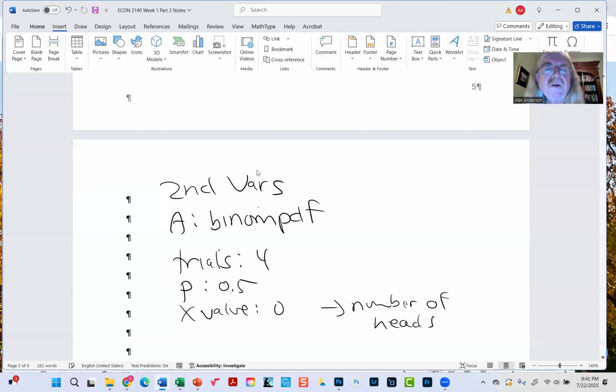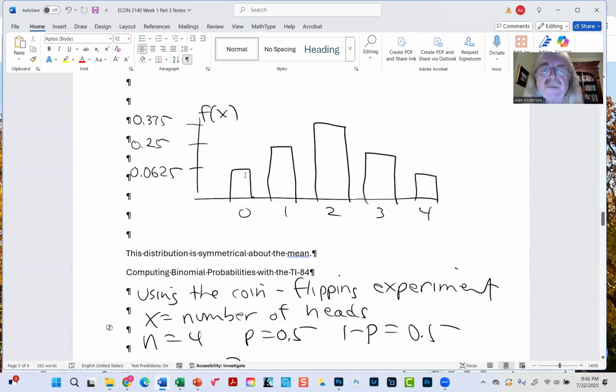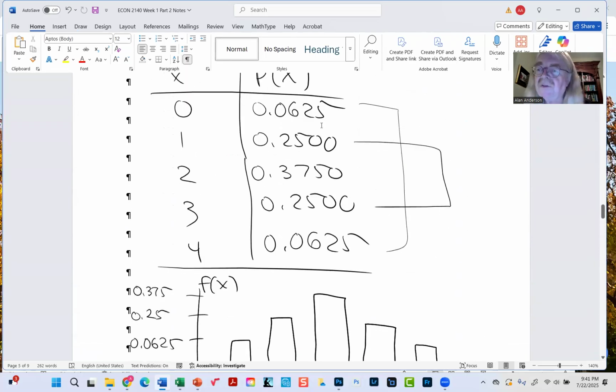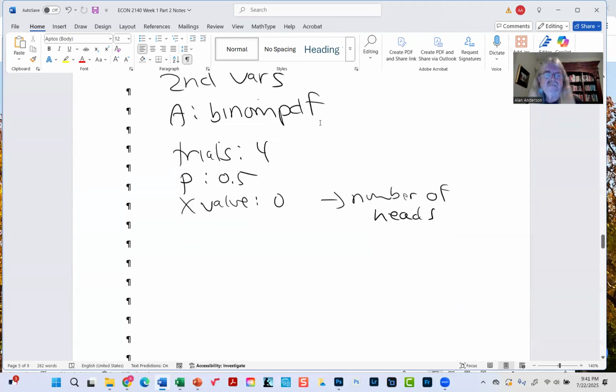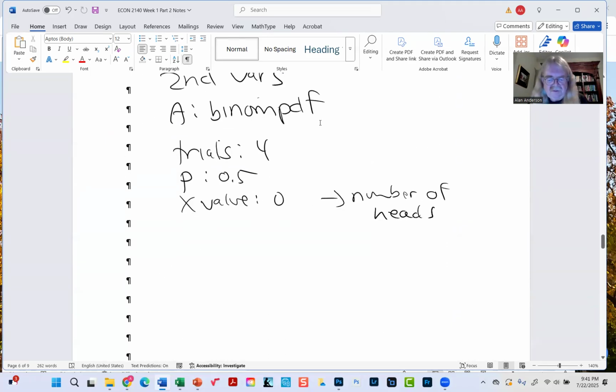Now, we already saw earlier that when we used the formula, this gave us a probability of 0.0625. So let's make sure that's working correctly here. So you type in those numbers, all you have to do then is hit enter twice actually, and then look, there it is, 0.0625.